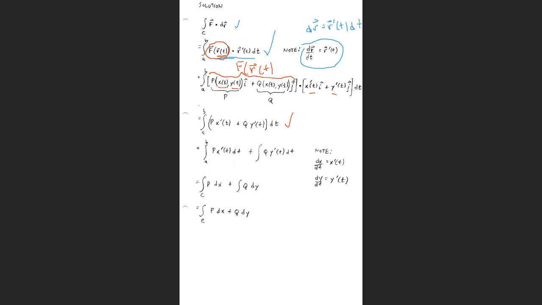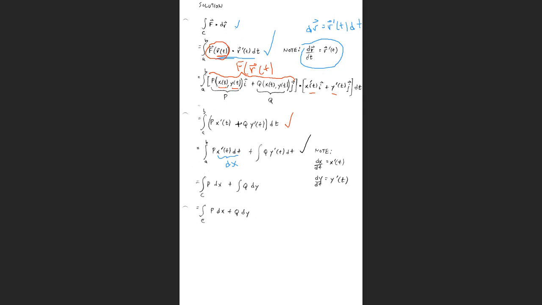So this example that I have made up, hopefully it connects a lot of things. Now the integral of a sum is the sum of the integrals. But because dx/dt is x prime of t, x prime of t dt is therefore dx.